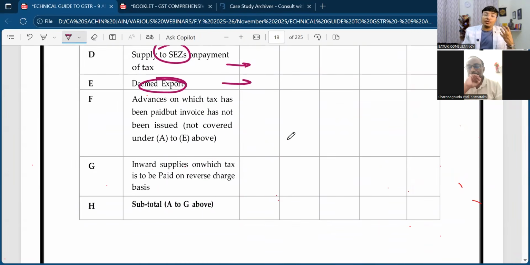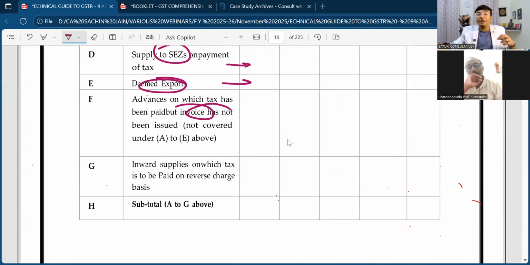Now, advance on which tax has been paid but invoices have not been issued. Sir, as we all know, in case of services, there is a requirement to pay GST on account of advance. Suppose you have invited me for a session. I have charged a fee of 1 lakh rupees. You have given me an advance of 50,000 rupees in April, but I am going to perform my service in August and will raise the invoice in August.